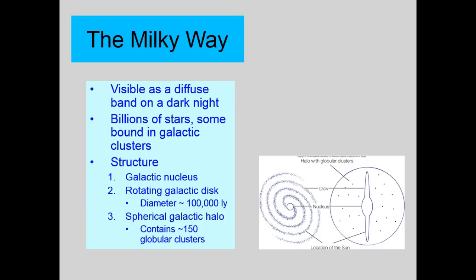This is seen from above, that's seen from the side. And then this is your galactic halo, tens to hundreds of thousands of stars together, whereas this is billions and billions and billions of stars in here.